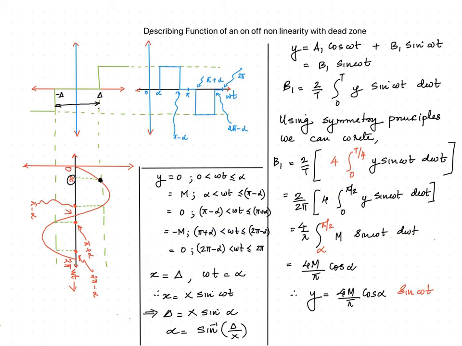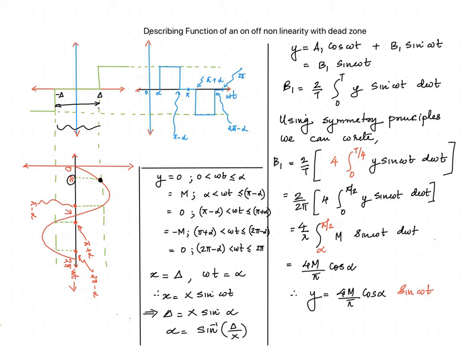Here we look at the describing function of an on-off nonlinearity with dead zone. The figure shows a dead zone in the range minus delta to plus delta. It shows that the output will be 0 till the input magnitude reaches capital delta in the positive half cycle.